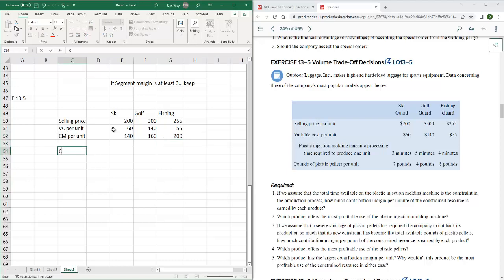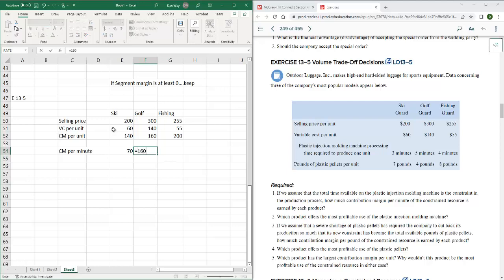Now, first up, we were trying to determine what's the CM per minute on that plastic injection molding machine. The ski guard has a CM per unit, so that's per guard, of $140. And it takes 2 minutes on that machine to make one. So every minute I spend making the ski guard, I generate $70 in CM, assuming I sell everything I make.